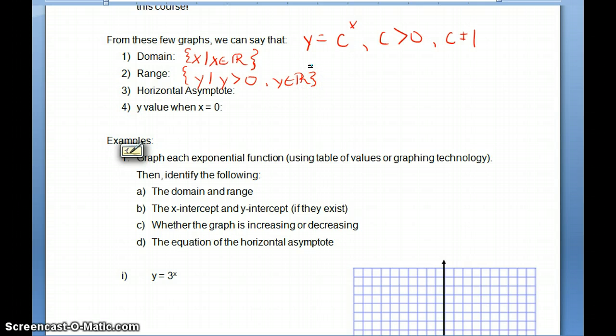And I can further explain that a little bit. So why won't we ever have y is equal to 0, or why can't y ever be negative? Let's look at an example. So let's look at 2 to the negative 1. That's equal to 1/2. When 2 to the negative 2, we have 1/4. When we get bigger, say 2 squared, we're going to have 4.